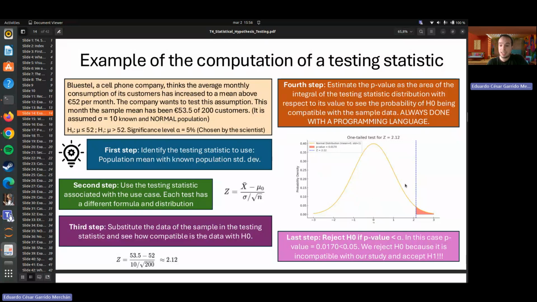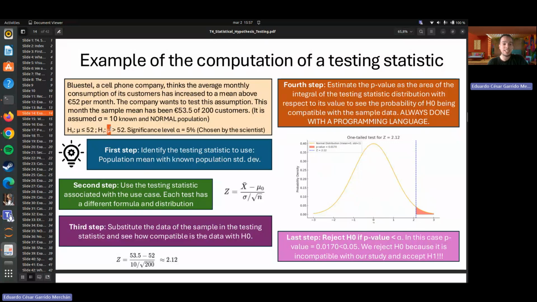And the p-value is the area, this red area of the integral, in this case because the test is right-sided. We are going to see that it is critical to know what the sign of the alternative hypothesis is. In fact, when you are coding this in R, you put alternative greater, alternative less, or alternative two-sided.